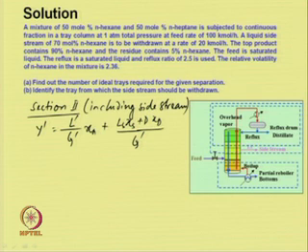Y dash would be L dash by G dash into x n plus Ls xS plus D xD by G dash. L dash would be L naught minus Ls, because the side stream is withdrawn.